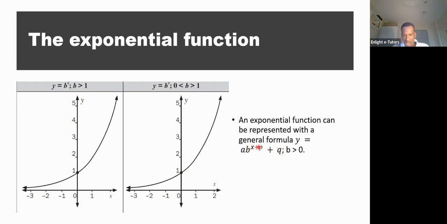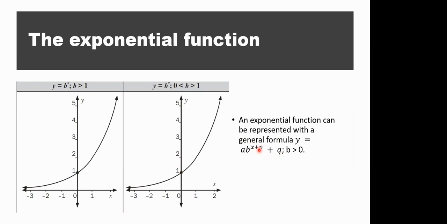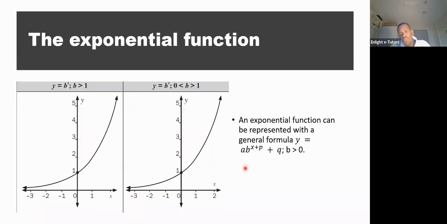Sometimes it does cut the x-axis, then you just move it. Say it moved upwards 2 times or it moved downwards 1 time. You understand? Okay. Yeah. Maybe it was ab^x plus 1, which means it moved upwards, which means this one will no longer be 1. It will be 2 now because it moved 1 point up.